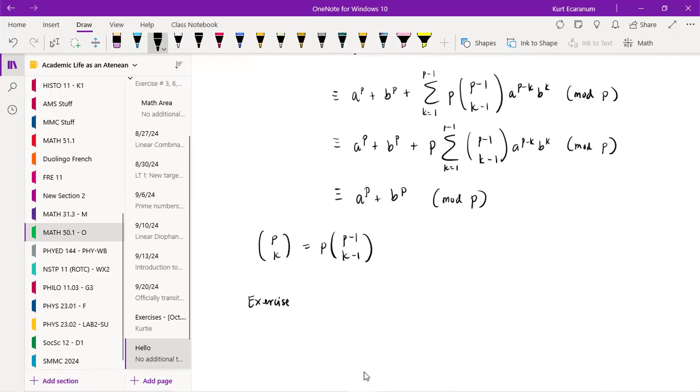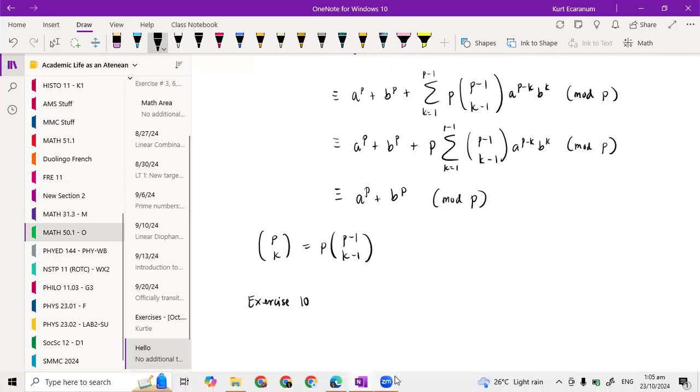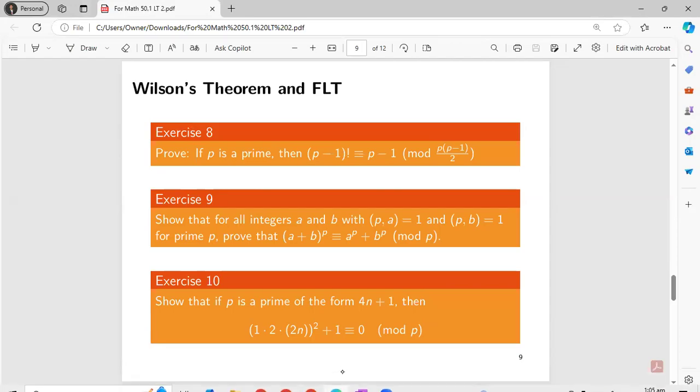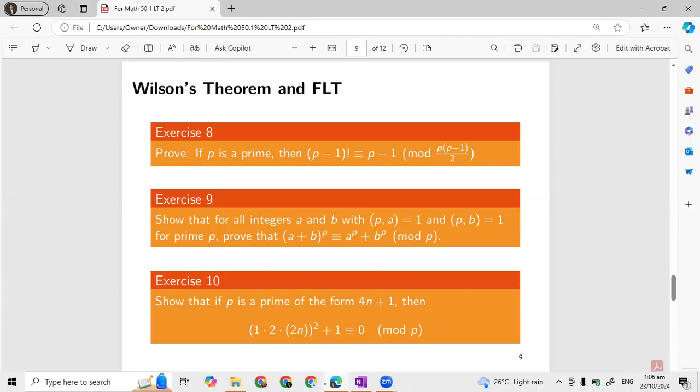Exercise 10. And surprisingly, hindi pa tayo natatapos sa Wilson's and FLT. Ito na yung last talaga. Last ng Wilson's theorem and FLT. So show that if P is a prime of the form 4n plus 1, then 1 times 2 to the 2n squared plus 1 is congruent to 0 mod P. Show daw.